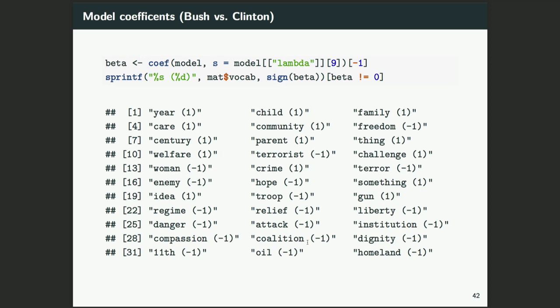So it was like, oh, it's the 90s, it's the future, it's 2000, we're looking forward to the millennium. And so you see a lot of words like year and century, and a lot of social programs like welfare and community and children. So very forward thinking in those speeches, and then you see a big difference with the words that are more Bush, which are similar to the ones we saw before.